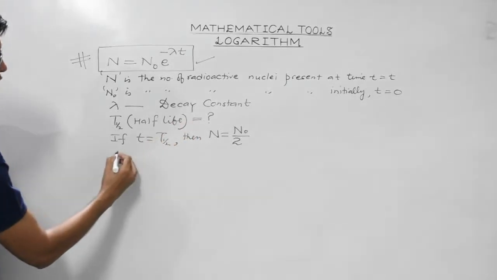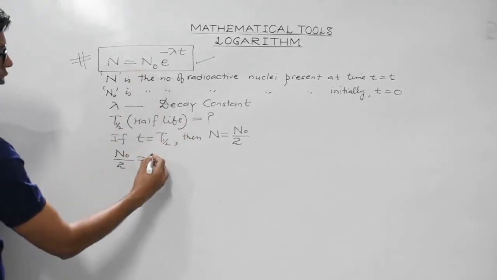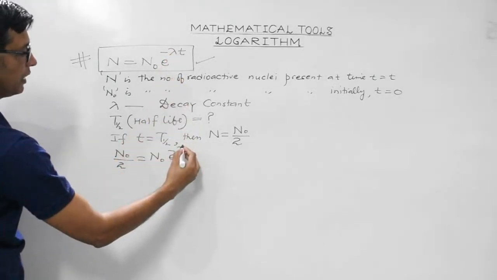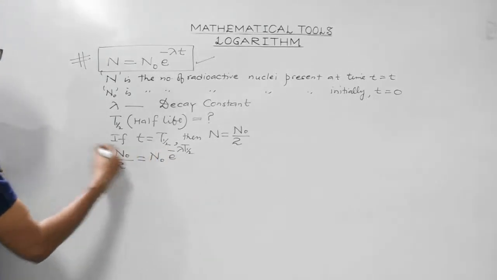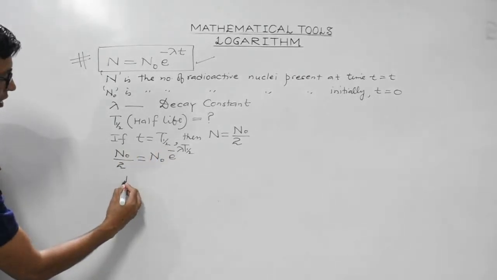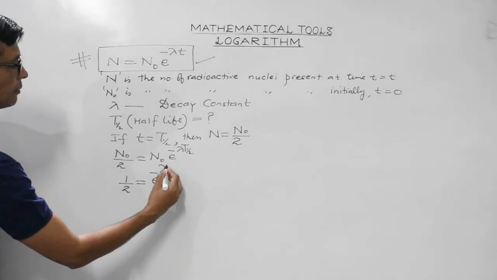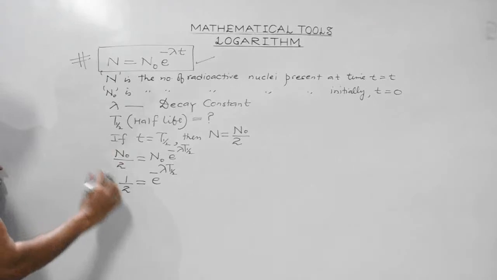In place of N, we can write N0 by 2, equals N0 e to the power minus lambda t, and in place of small t, we will write T half. N0 and N0 get cancelled. So what we get is half is equal to e to the power minus lambda T half. Clear? Now rearrange the terms.